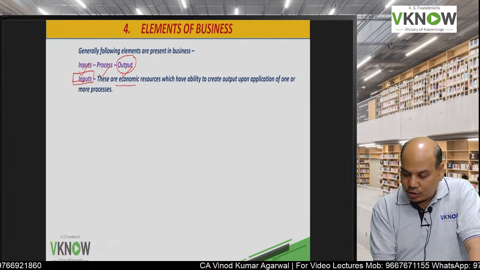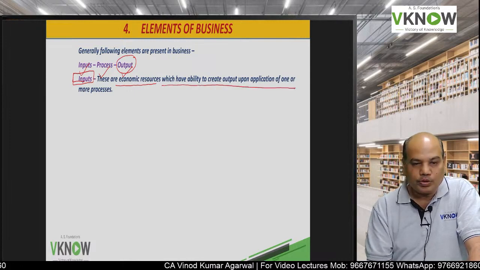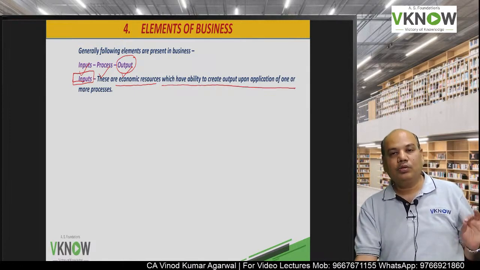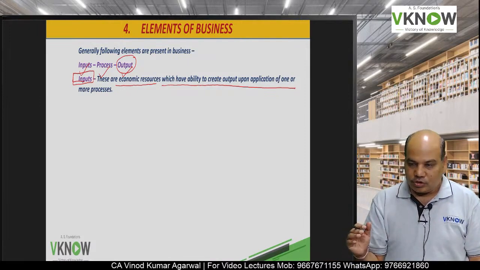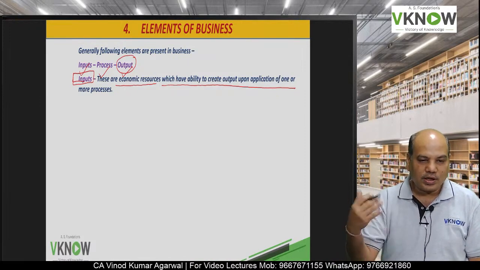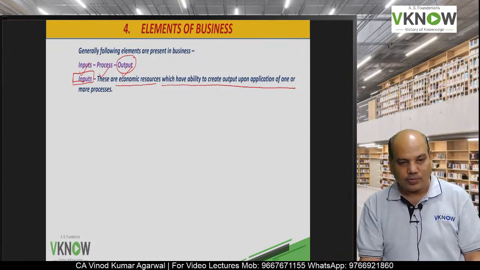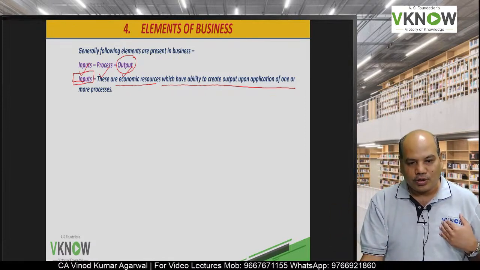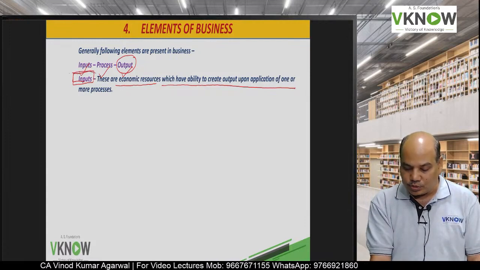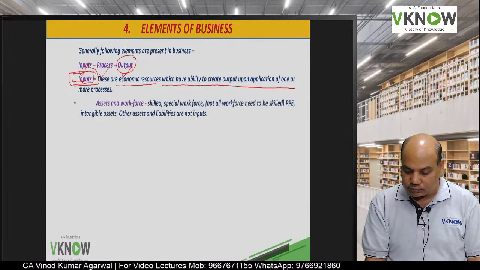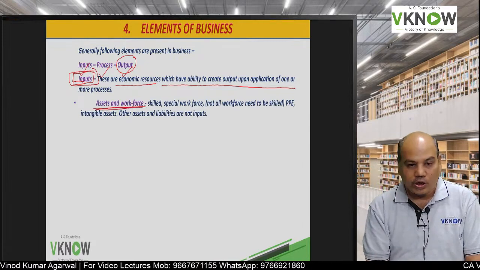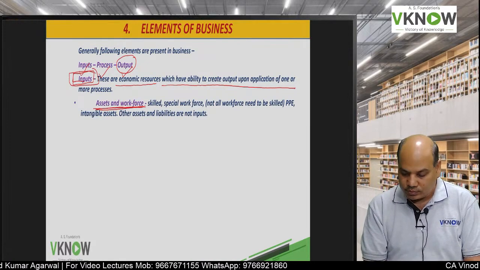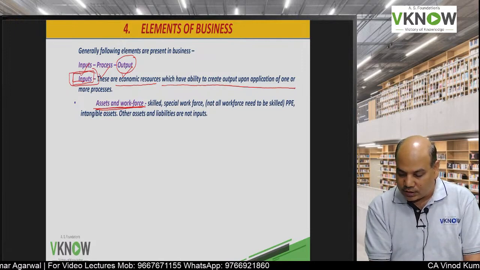Inputs are economic resources which have the ability to create output by applying one or more processes. So if there is raw material which can be processed and converted into finished goods, that is input. In a coaching organization, we are the inputs. Then inputs will include assets and workforce.